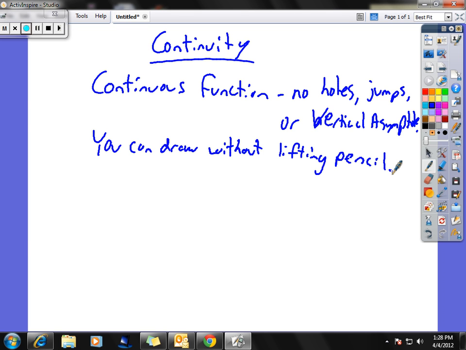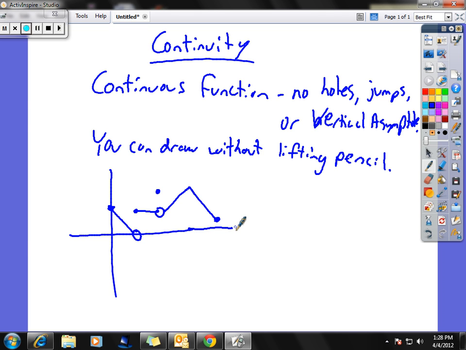So let me just put up a little graph here. Let's say we have something that looks like this. Let's call that 1, 2, 3, 4.